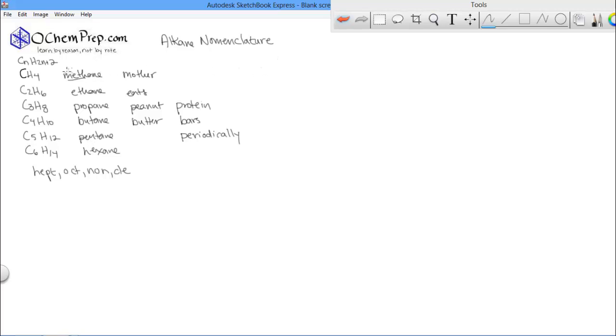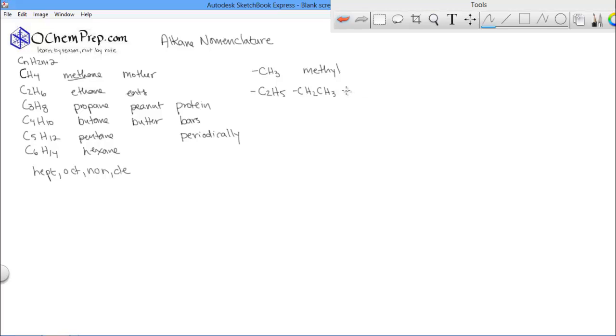Now, if you have a 1 carbon unit as a group hanging off something else, it's not methane anymore. It's a CH3 unit, and it's called a methyl. And so a C2H5 unit, or sometimes you write it CH2CH3, has 2 carbons and then it's attached to something else.